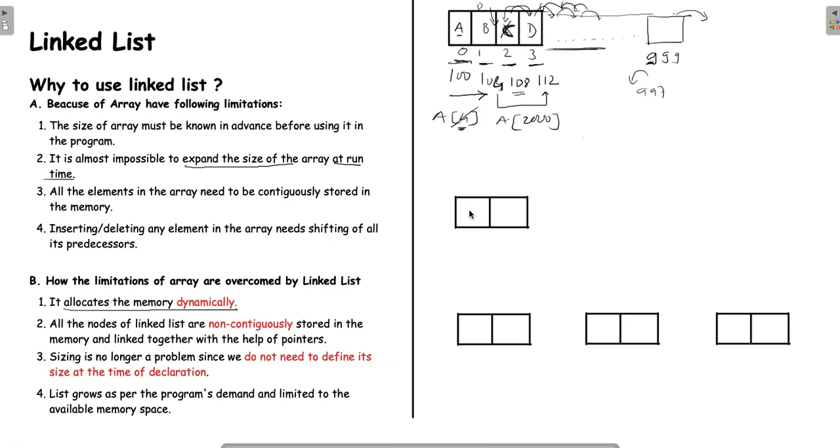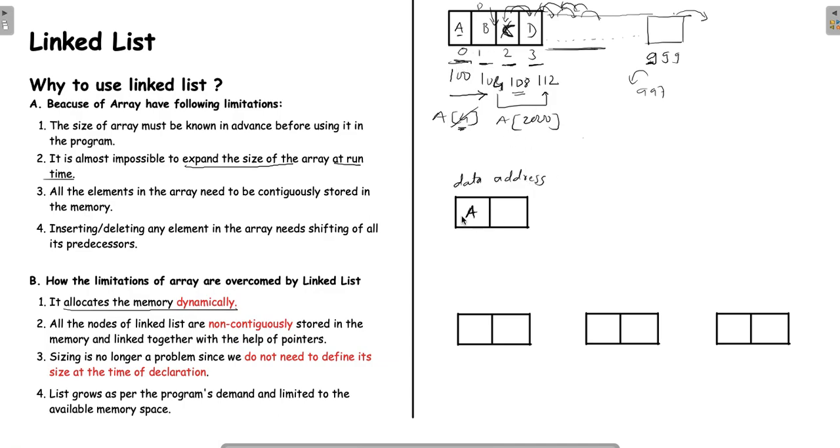Let's say that data is A. This is your data which you have stored. I'll name this as your data or the information. And the second field will be called the address of the next memory location. So I'll name this as address. The second block will be the address of the next memory location.